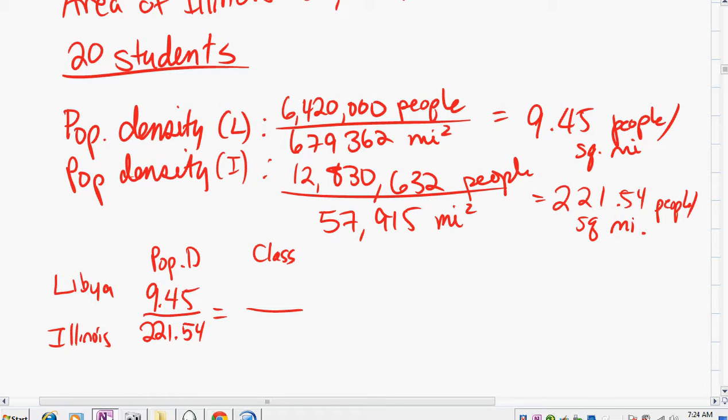In my class I have 20, and I want to know what it would be like in Libya using the population density. So I can cross multiply, and I get 221.54x is equal to 9.45 times 20. 9.45 times 20 is 189.